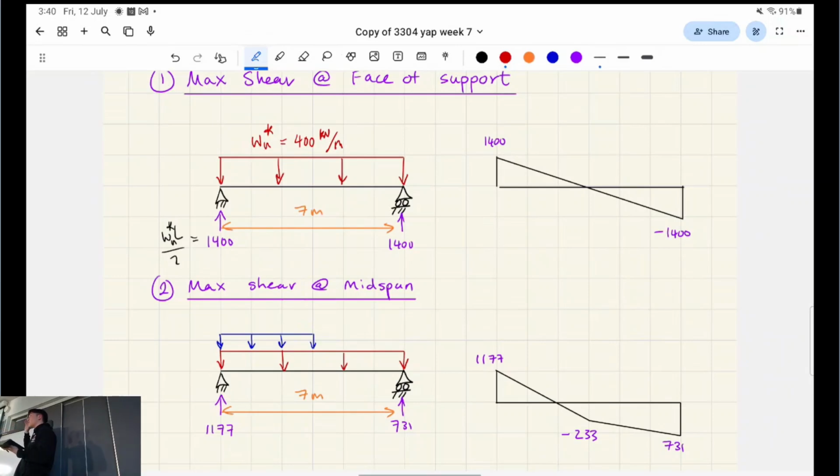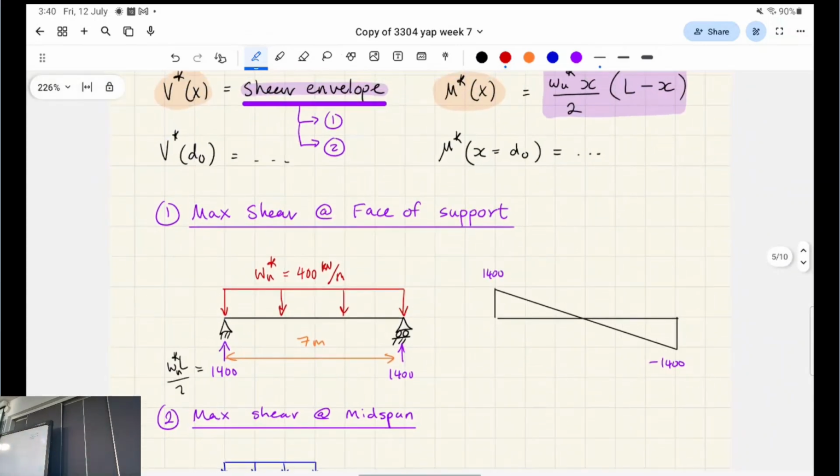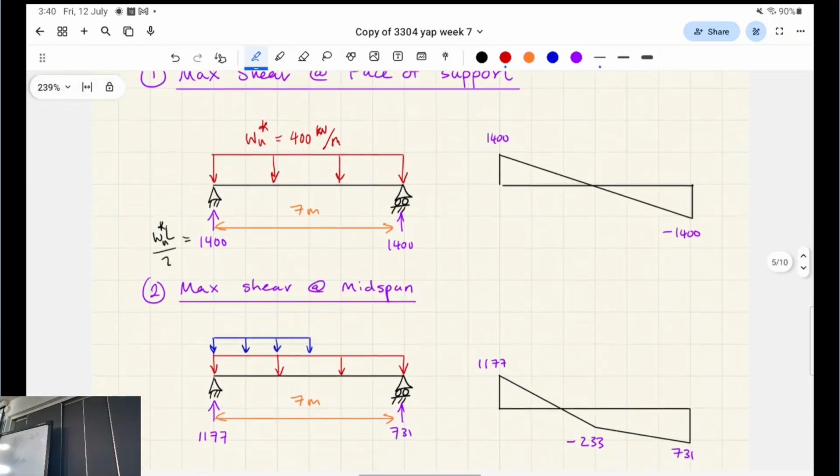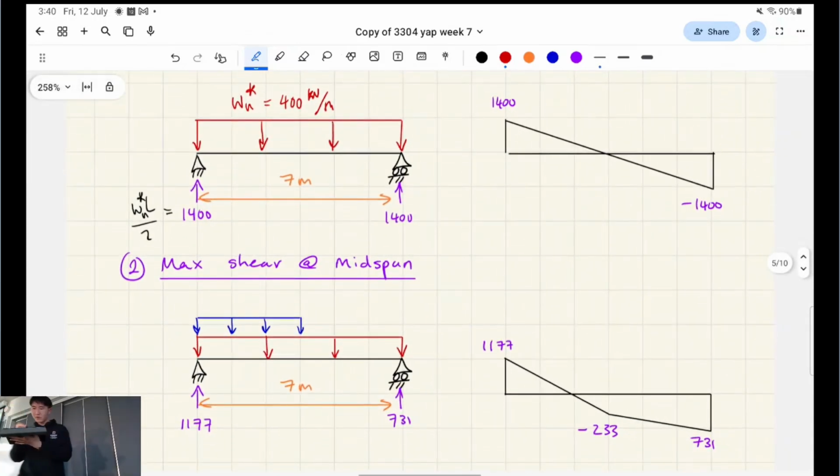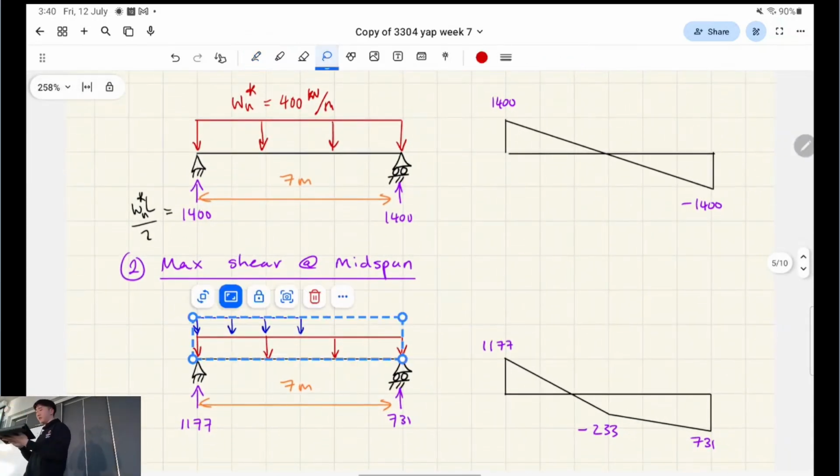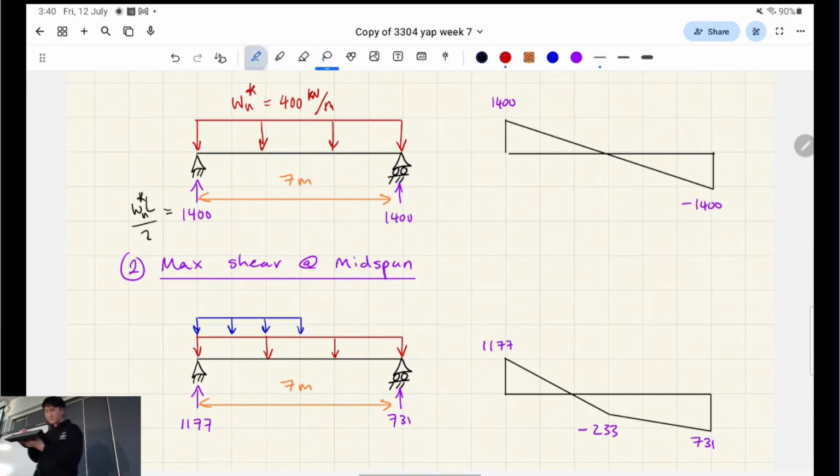Because you see this shear force diagram here, in the middle we have the shear force of 0, which might not truly represent what the worst case shear force is. To represent what the worst case shear force is, we stack the live load only on the left or the right. You can calculate it either way, but it will give you similar numbers basically.